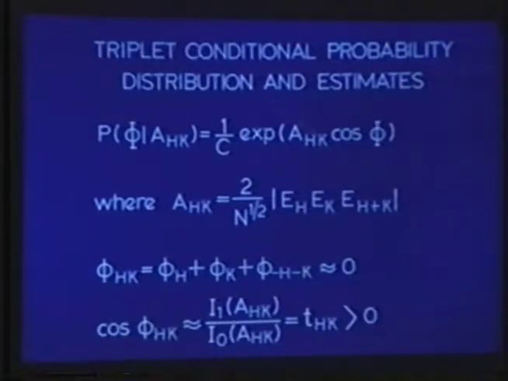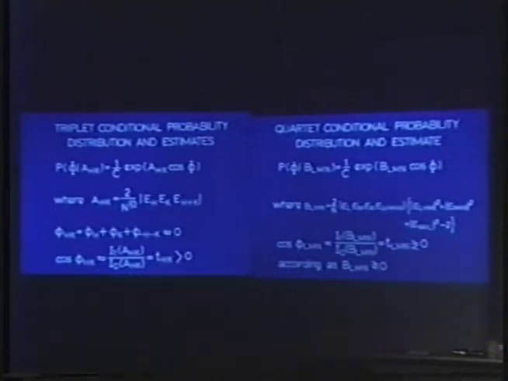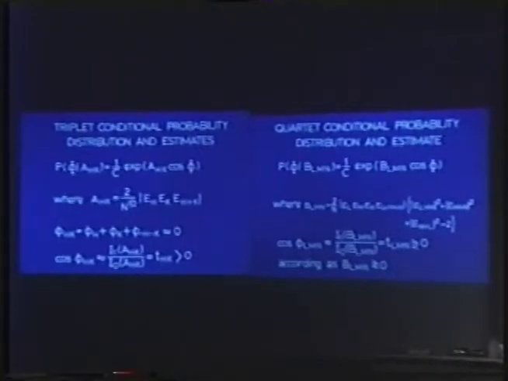From this distribution, we can readily show that the most probable value of the invariant is 0, and that the expected value of the cosine invariant is the ratio of these two Bessel functions, which can therefore be calculated. I should mention here that the expected value of the cosine invariant is always positive because the parameter a sub hk, which is defined in this way, is always positive.